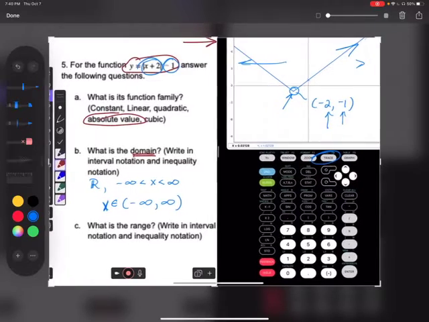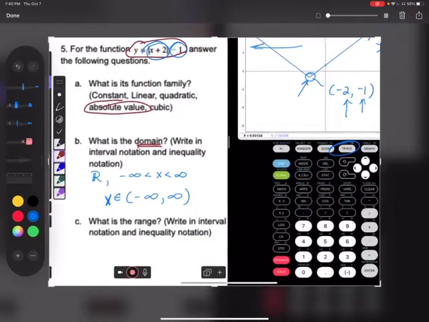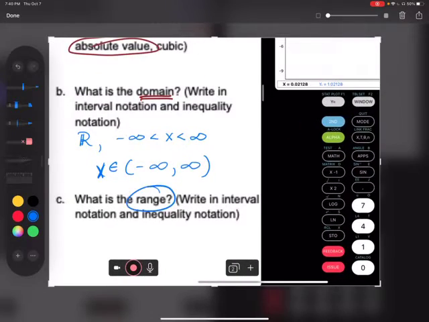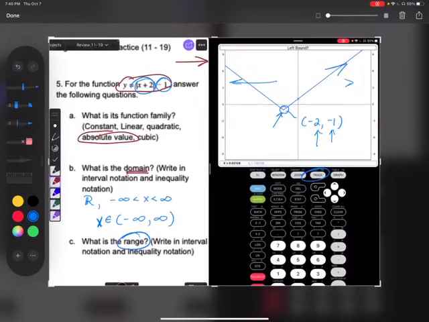Easy enough. Now that we know that lowest point, we can also now answer this second question here. What is the range? So for the range, now we're going to look at the y stuff. So here's our y-axis right here. And this blue line, you can see the graph starts right at that vertex. Okay, so it starts right when the y value is -1. And then the graph proceeds to go up either direction.